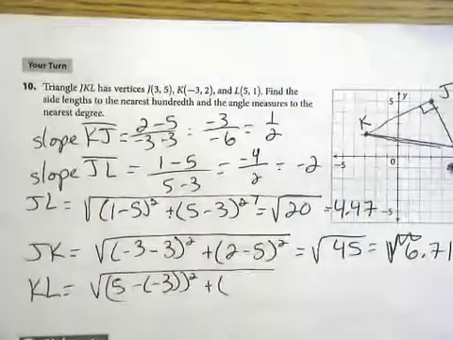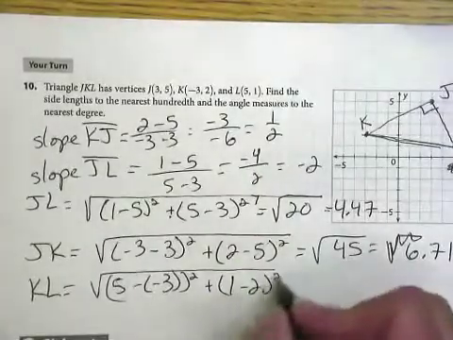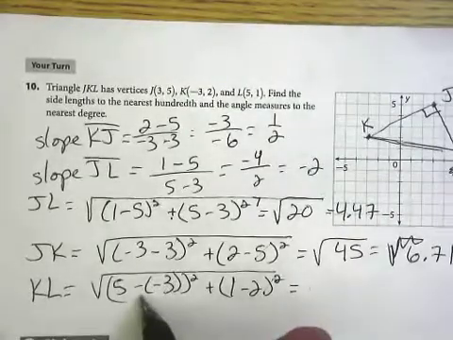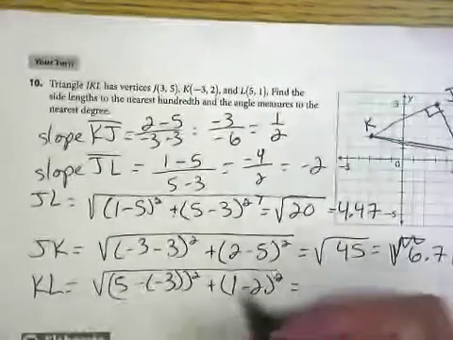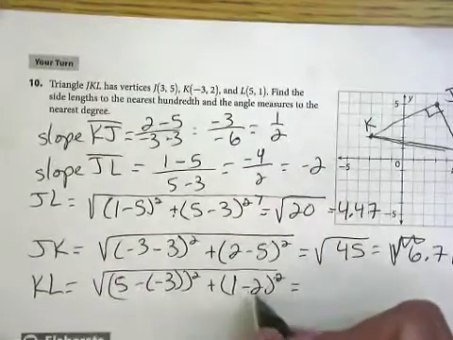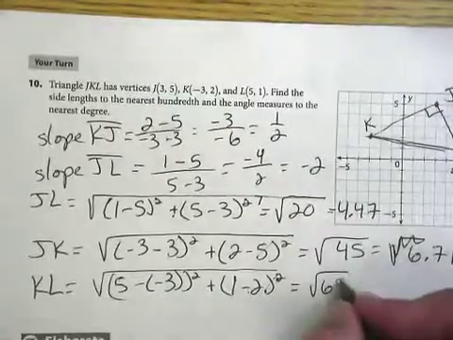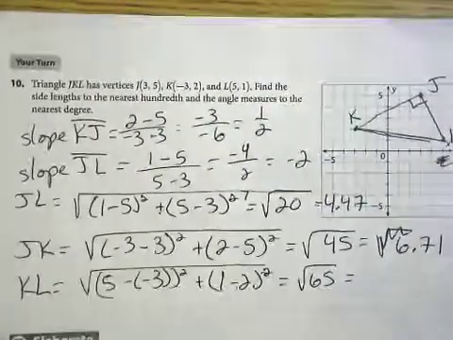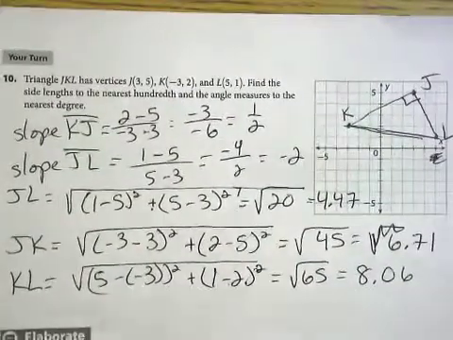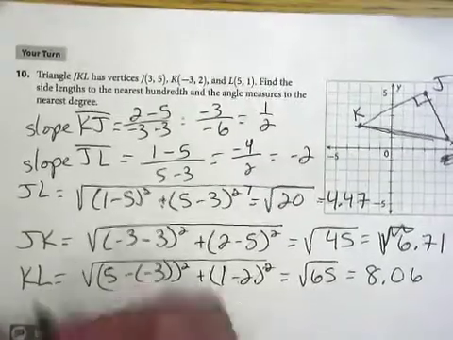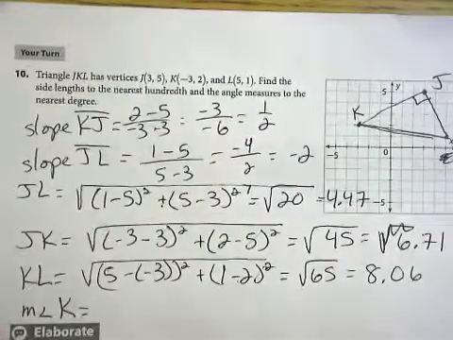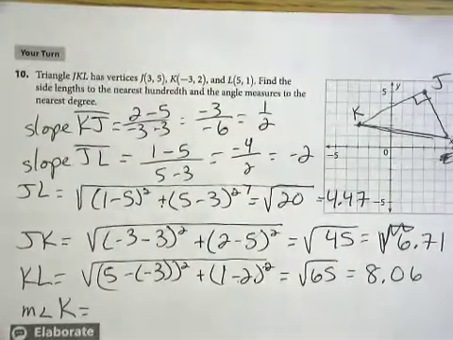Finally, the length of KL is the square root of 5 minus -3 squared plus 1 minus 2 squared. This is 8 squared is 64 plus -1 squared, which is 1. So this is square root of 65, which is approximately 8.06.